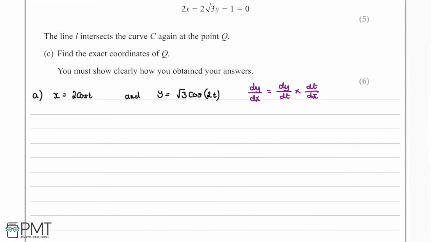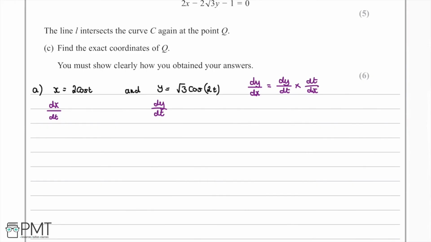So what we can now see is if we differentiate our equation for y with respect to t, we'll have dy by dt. And if we differentiate our equation for x, we'll have dx by dt. So then all we need to do is substitute dy by dt in here, and then we can do 1 over dx by dt to give us dt by dx. So let's calculate these now.